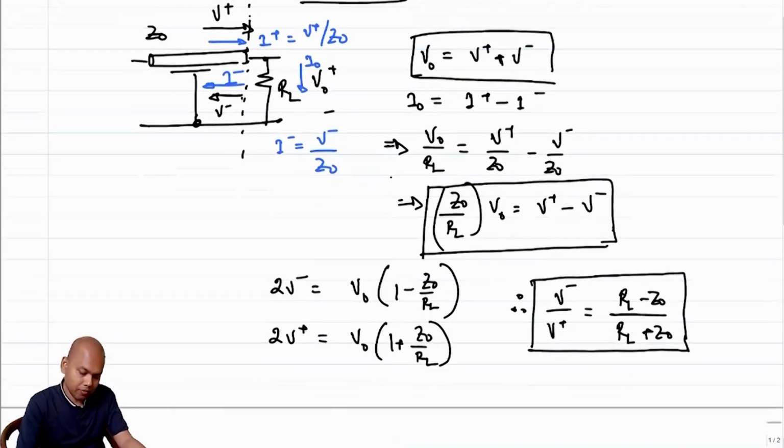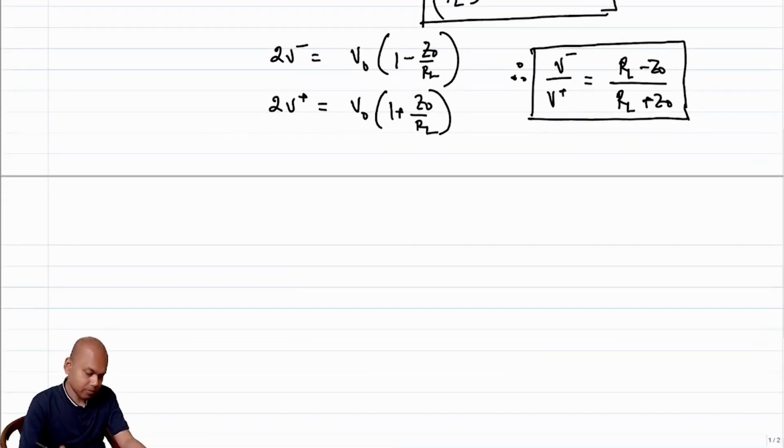So what are the conclusions from this? By the way, there is a term for this: it is always called the reflection coefficient. V minus over V plus is denoted as capital gamma.